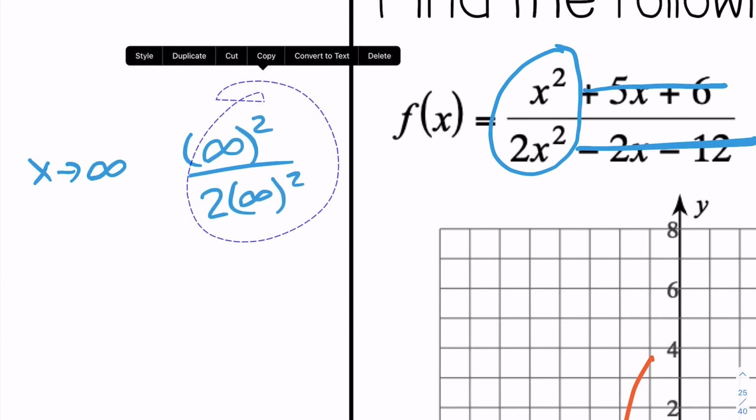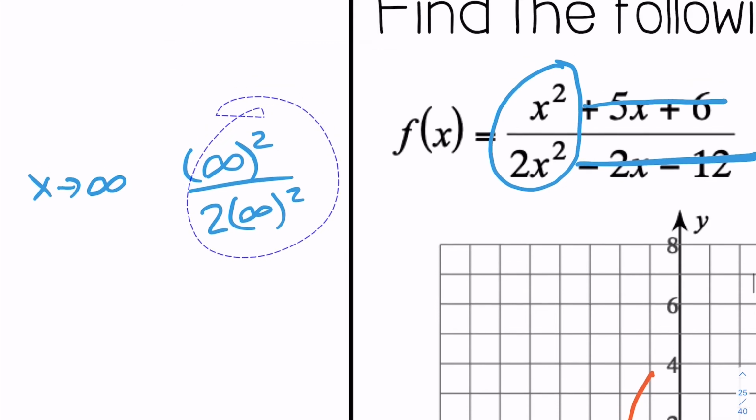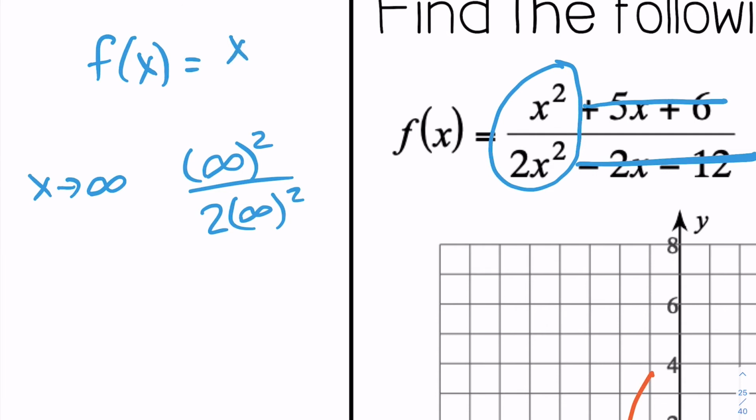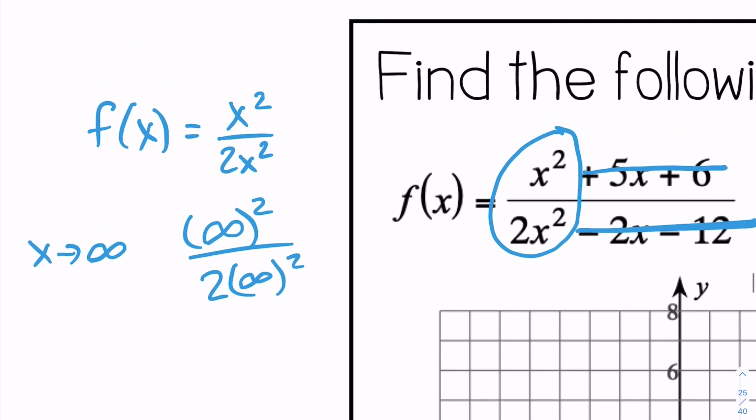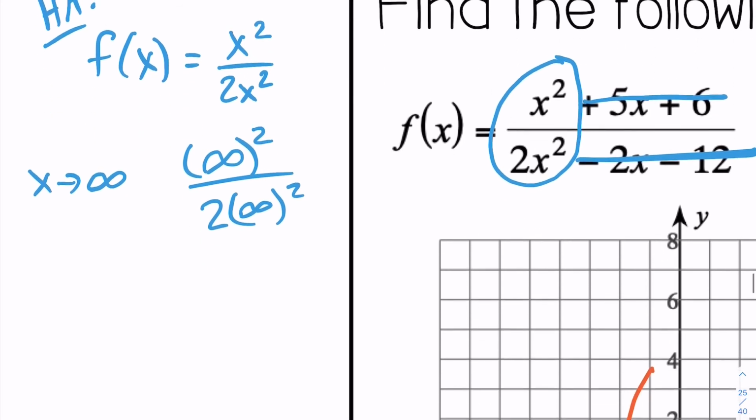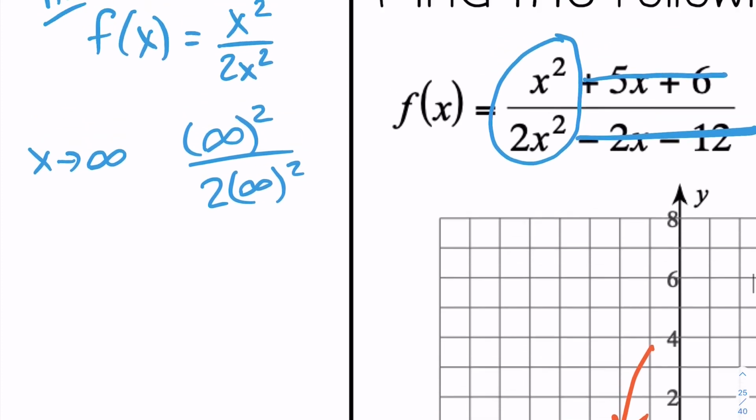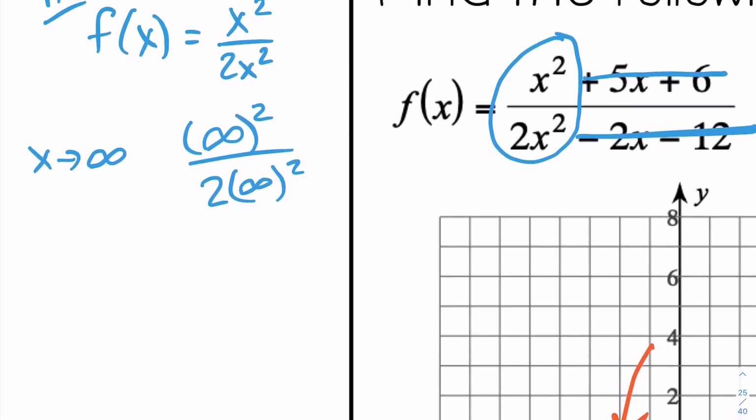Imagine I narrowed f of x down to being just x squared over 2x squared. And again, this is how I find a horizontal asymptote. So as x approaches infinity, I have infinity squared over 2 infinity squared. Now you're going to tell me, I know this. Infinity doesn't matter. It goes to infinity.